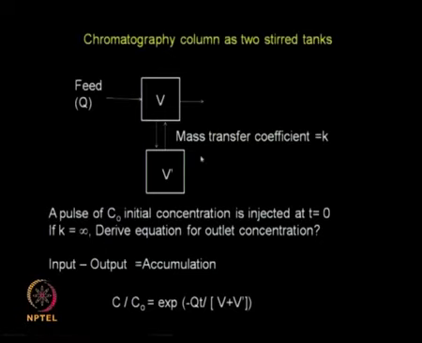In the second problem, because V plus V dash is greater than V, the residence time of this system is much larger than the residence time of the first system.